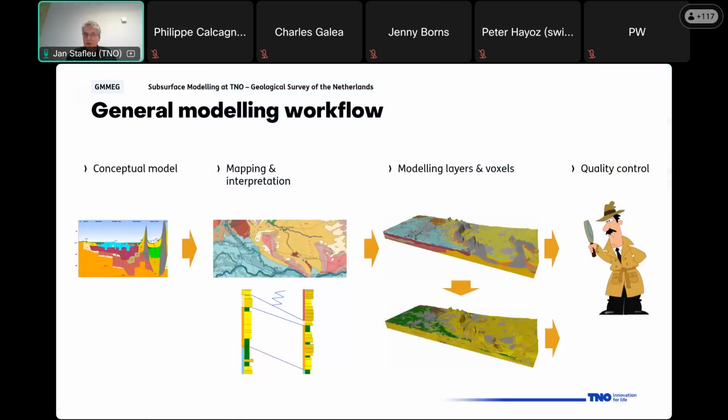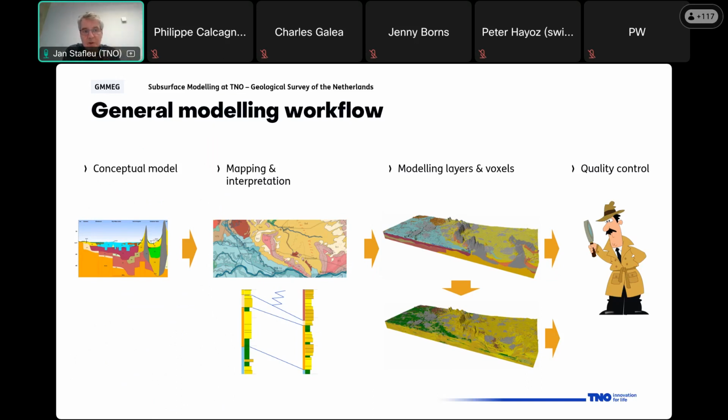So the general modeling workflow to build all three models is depicted here. We start with a conceptual model. That is basically the idea the geologists have when they look at a certain region in the Netherlands. What are the stratigraphical units we are going to model? And what are the stratigraphical relationships between those different units?